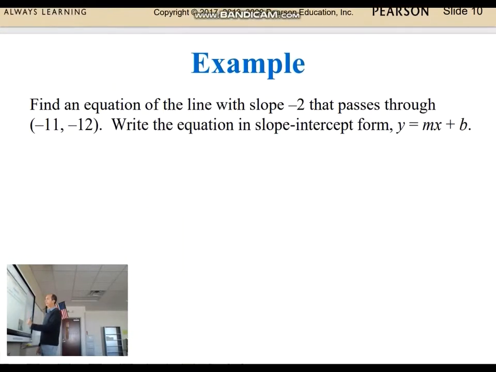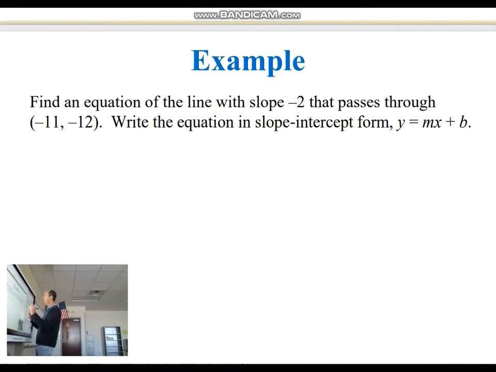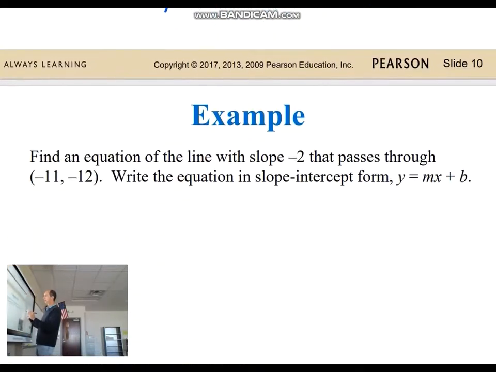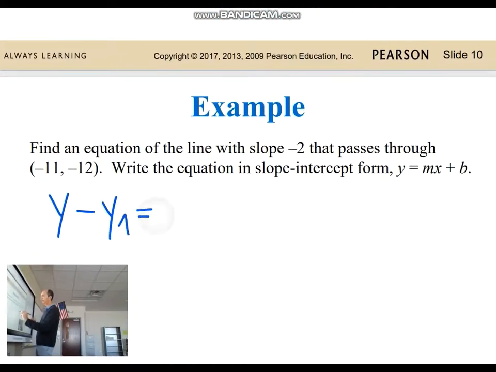Applying this formula on an example, find an equation of the line with slope equals negative 2 that passes through the point x equals negative 11, y equals negative 12. Write the equation in slope-intercept form, y equals mx plus b. Okay, we will need this formula here, y minus y1 equals m times x minus x1, right?